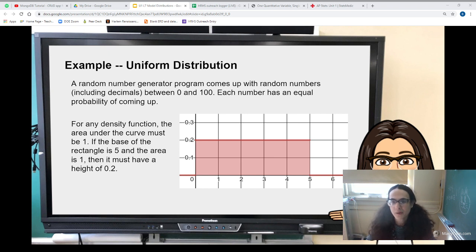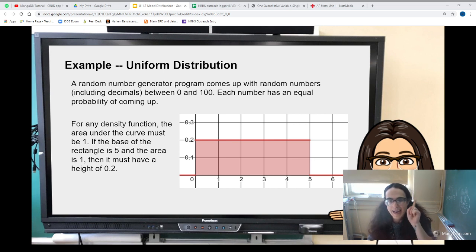So between 0 and 5, it could pop up with 1 exactly, it could pop up with like 1.232 or 3.141, any kind of number in that range. And every single number has essentially an equal probability of popping up, a flat, consistent probability.